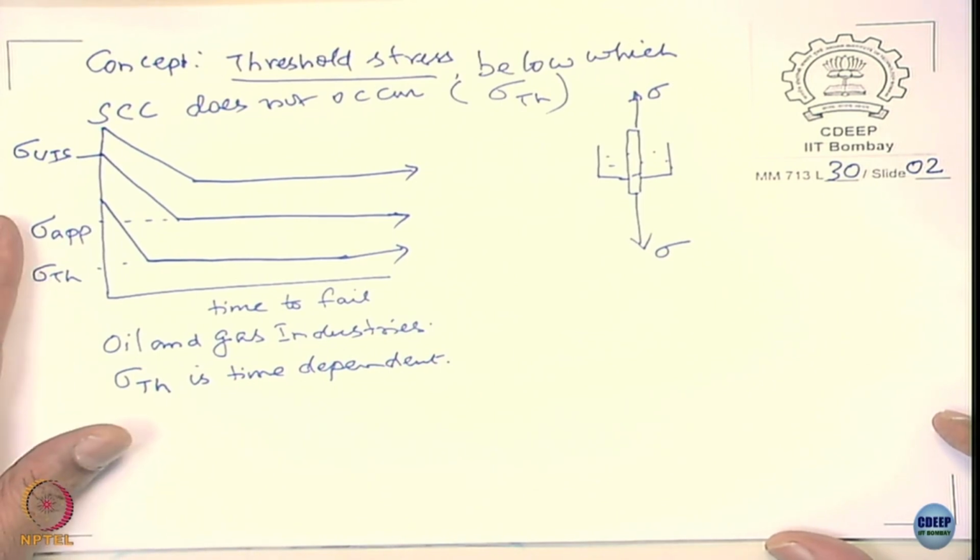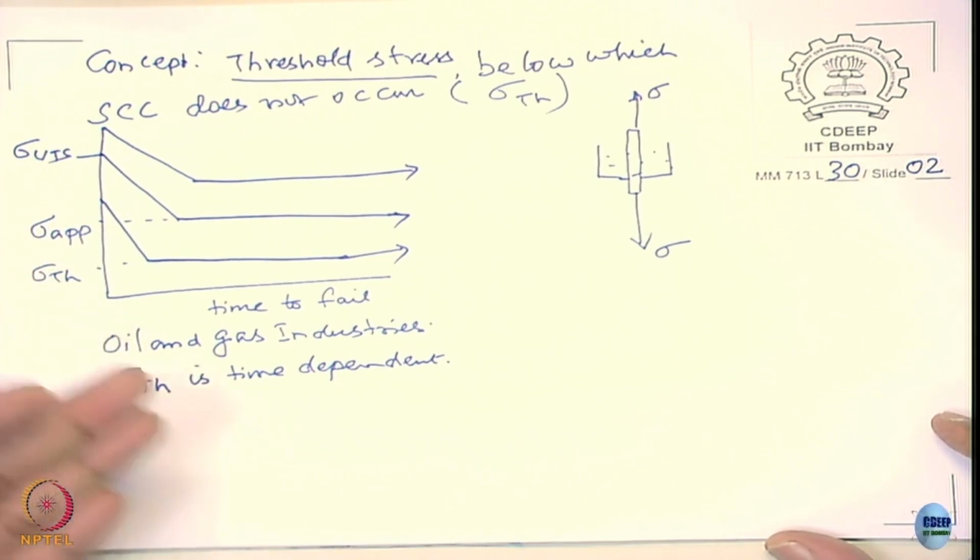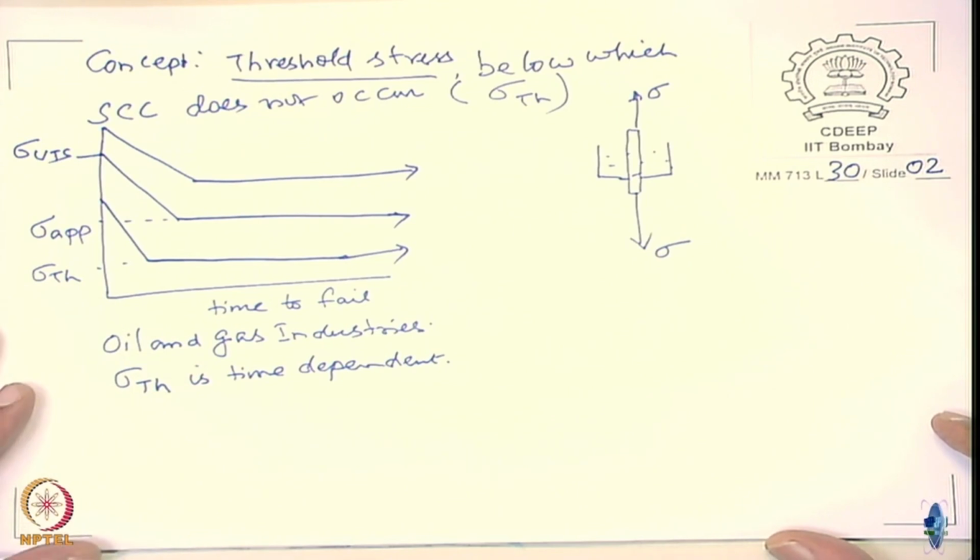But nevertheless, in the literature you see lots of materials, people give this as a property. Of course, it depends upon the environment. You keep changing environment, the sigma threshold could change. It is not a material property alone, it is also an environmental property, okay. I think you should be aware of that.